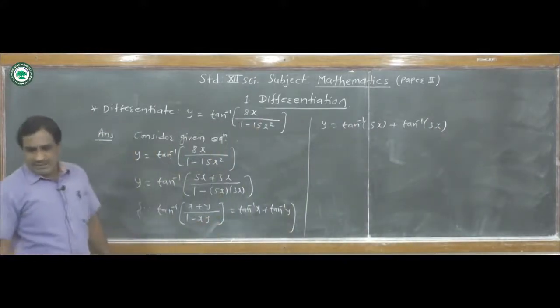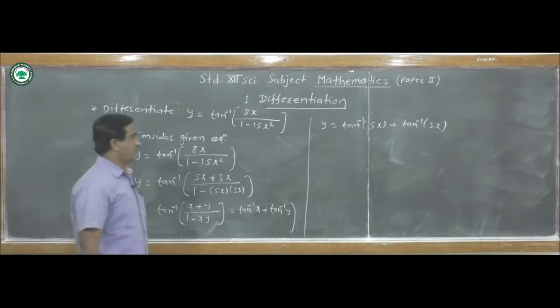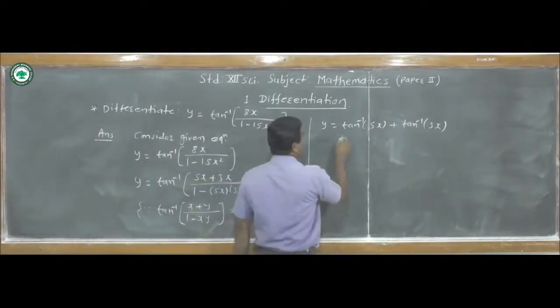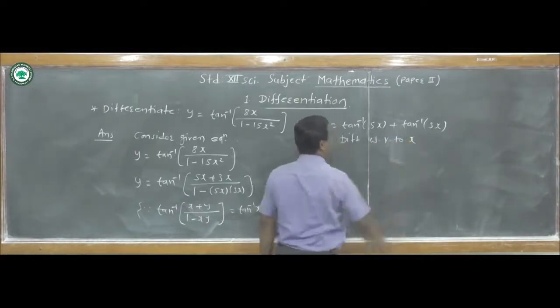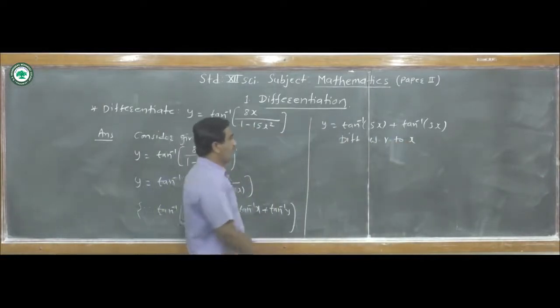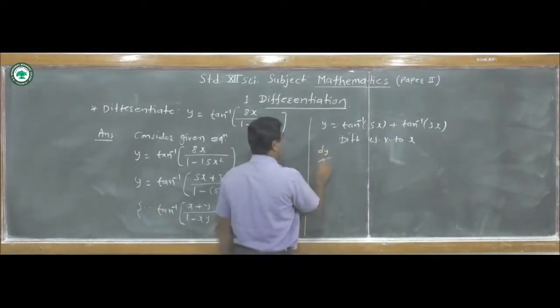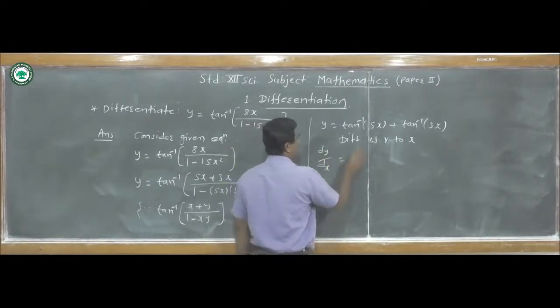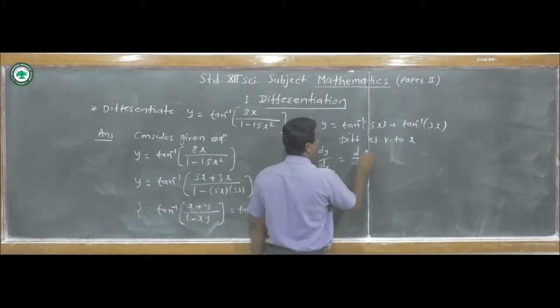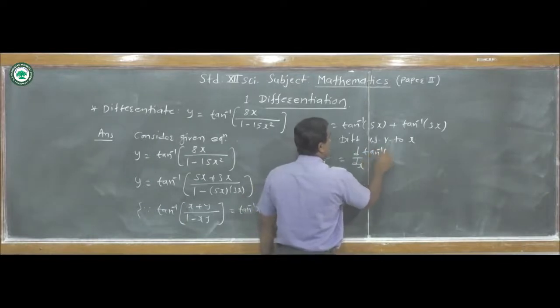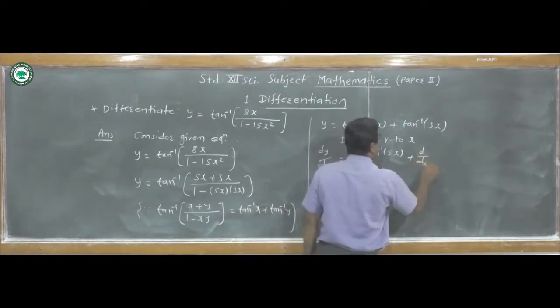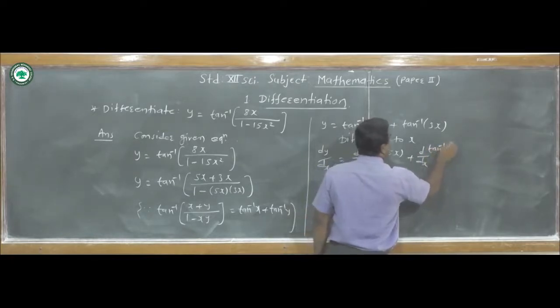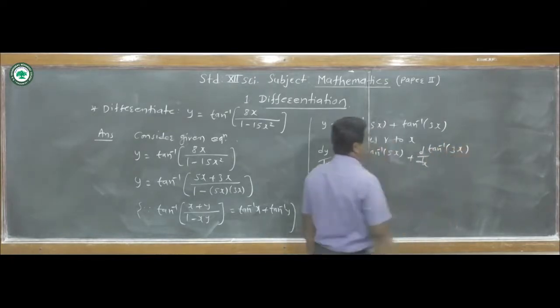Okay, now we can differentiate this equation with respect to x. Therefore, derivative of y, dy by dx, is equal to dy dx of tan inverse of 5x plus dy dx of tan inverse of 3x.